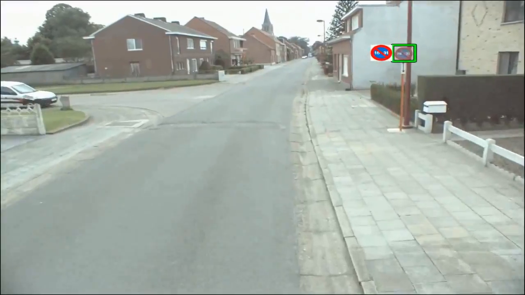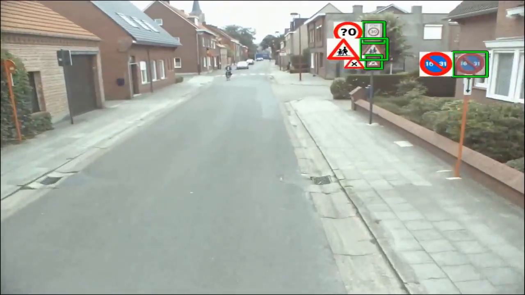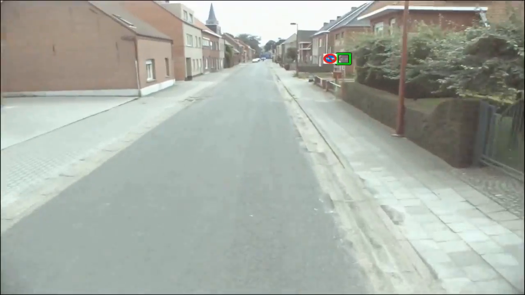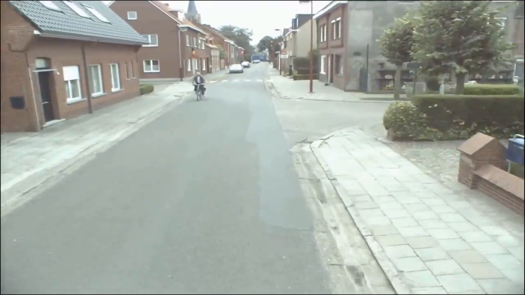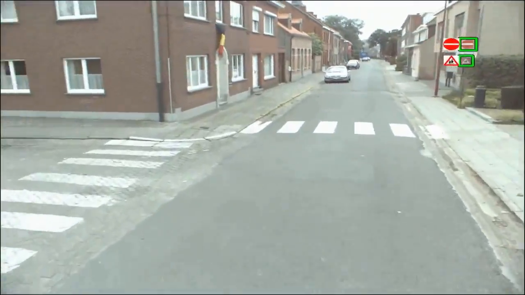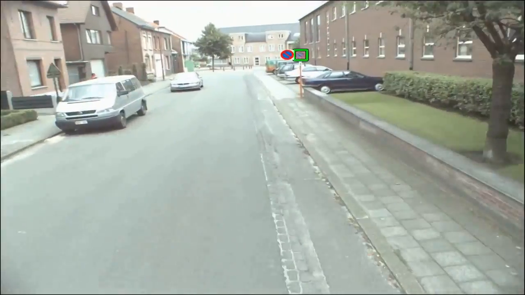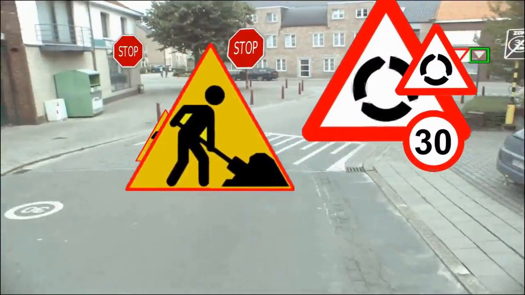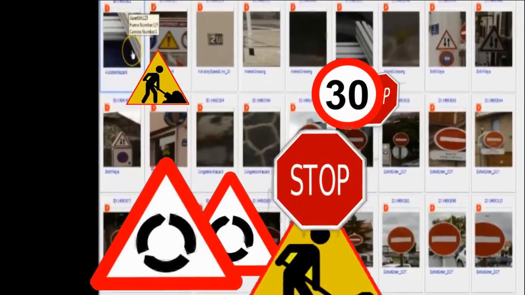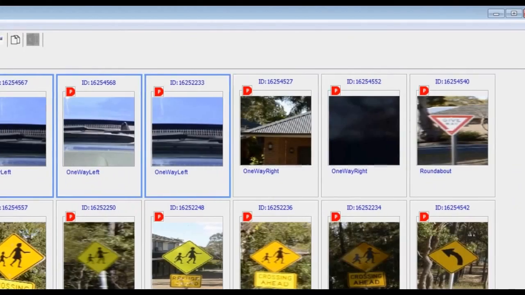These files are run through the NVT Detect software, which scans and detects the signs in the drive files. These detections become input to the next process, which is detection review.